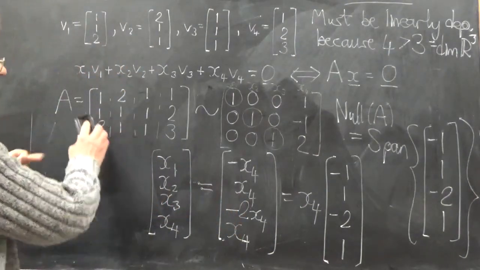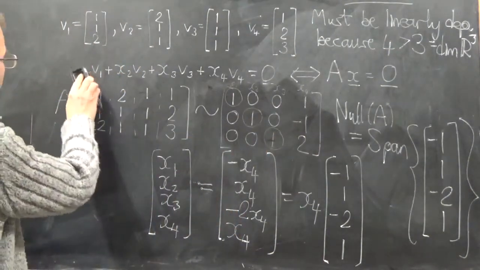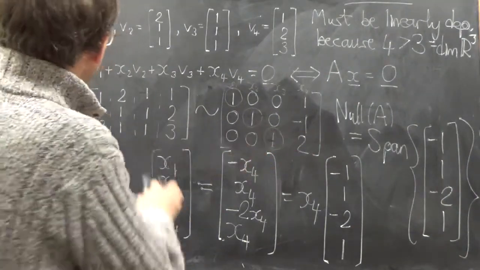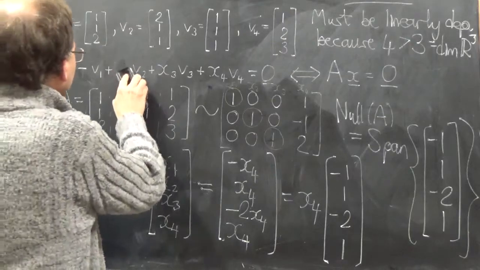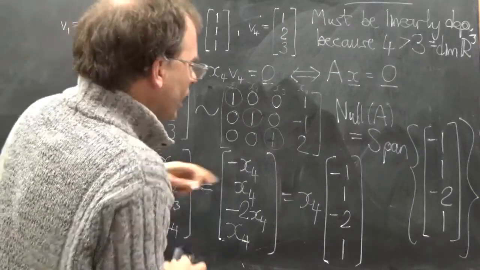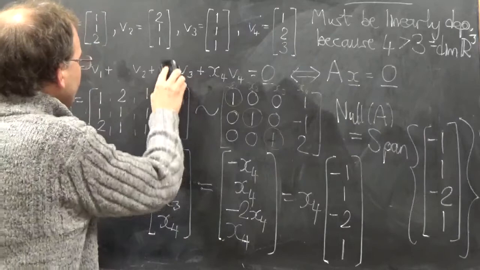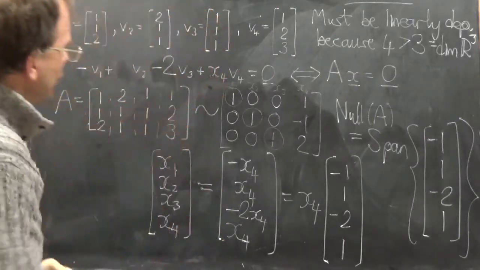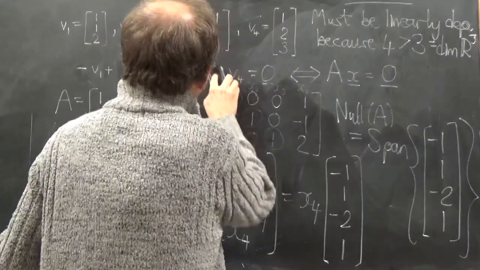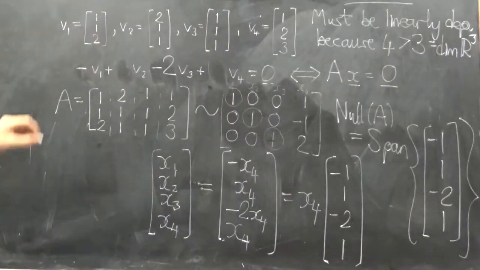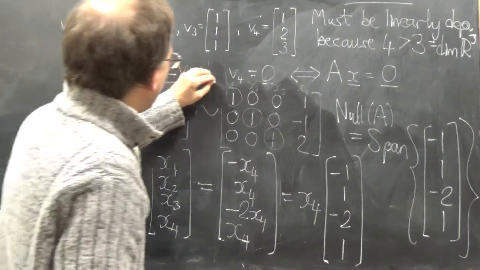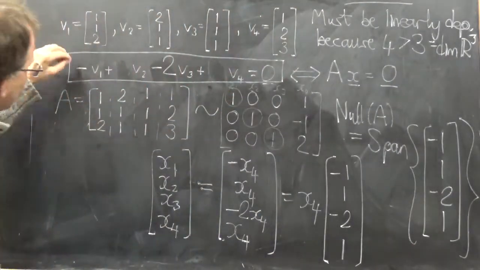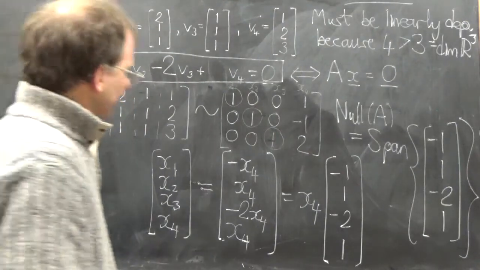So let's put in x1 is minus 1, x2 is 1, x3 is minus 2, and x4 is 1. Right, so here is a linear dependence relation that we've found between these four vectors.